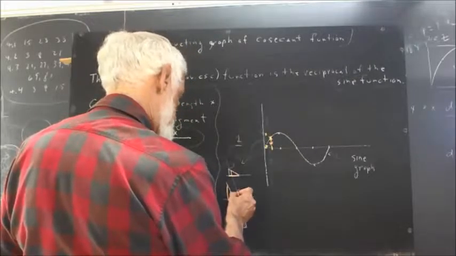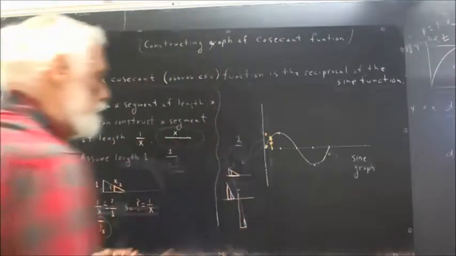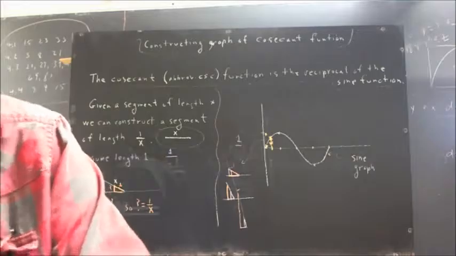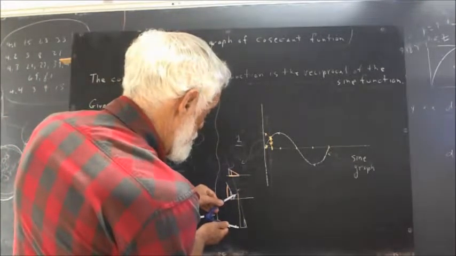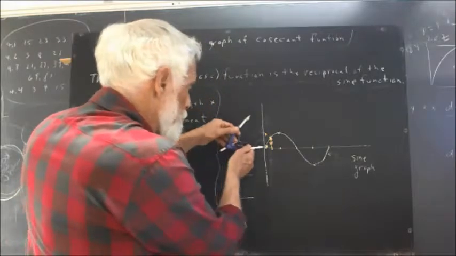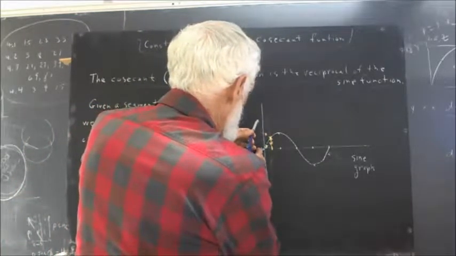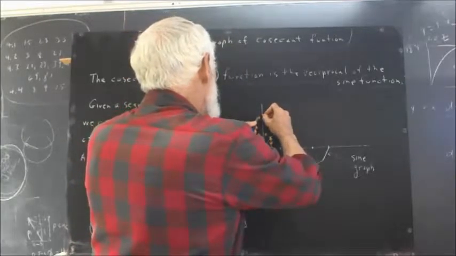We're going to have to go way up here to complete a similar triangle, meaning that our y segment corresponding to this point, our vertical segment, is going to have to go way up here.